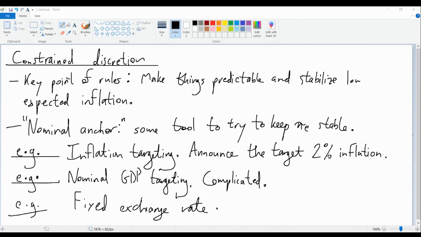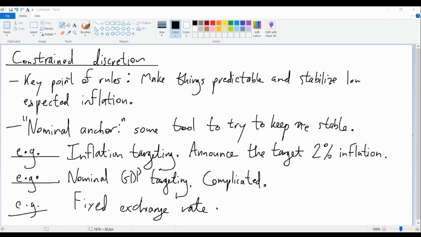And so that makes the goal of having low expected inflation difficult. One solution was to have these key rules, the Taylor rule, monetary growth rule, and so on. But a downside is that, well, they're rules. They're not flexible. So if new things come up, they may not be particularly well suited for the new environment.